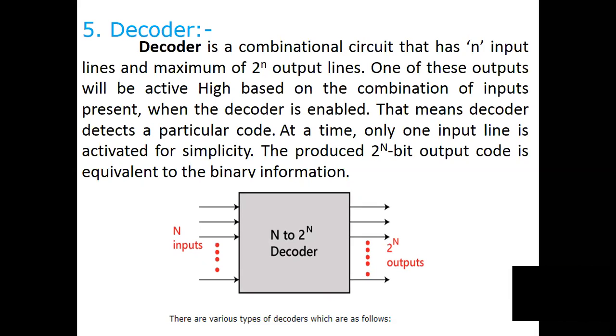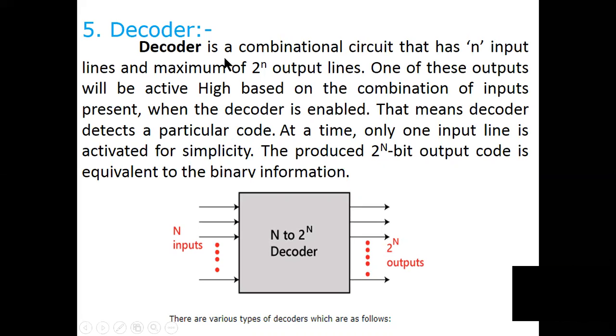If the input is 2, the output is 4. So likewise, a decoder is a circuit which takes n inputs and generates 2 power n outputs.